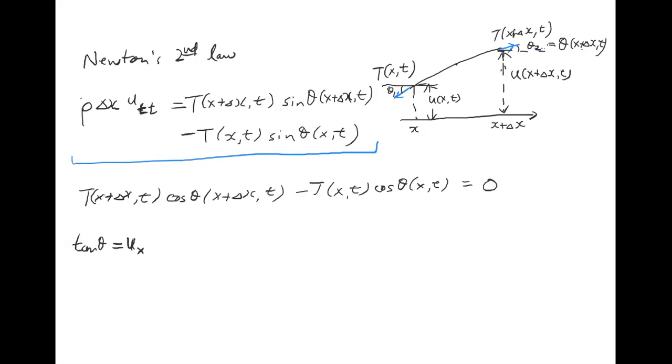So tangent theta(x,t) is u_x(x,t), dropping the variables of the function. Since I restrict to theta being less than pi over 2, you can easily see that sine theta is u_x over square root of 1 plus u_x squared, and cosine theta is 1 over square root of 1 plus u_x squared.